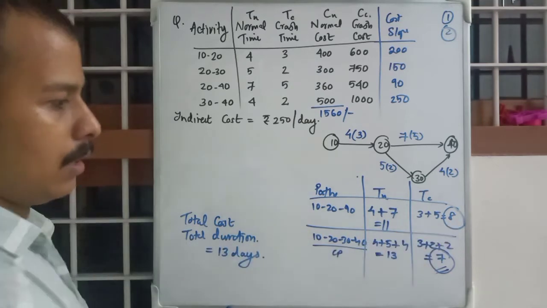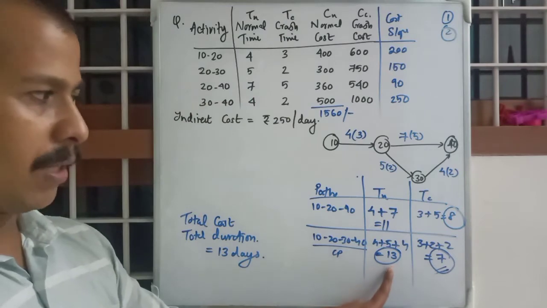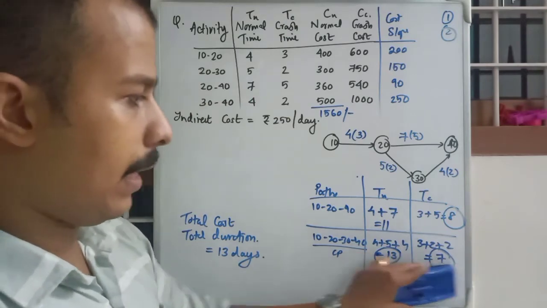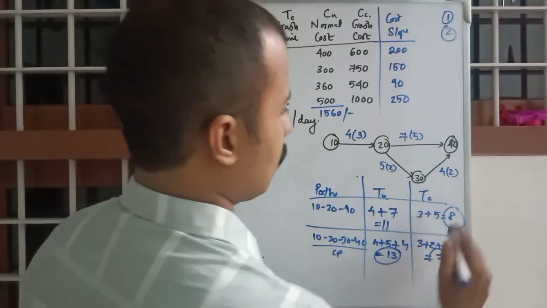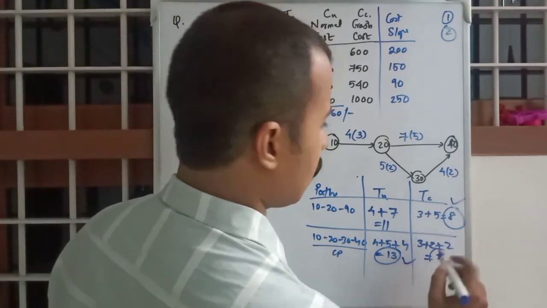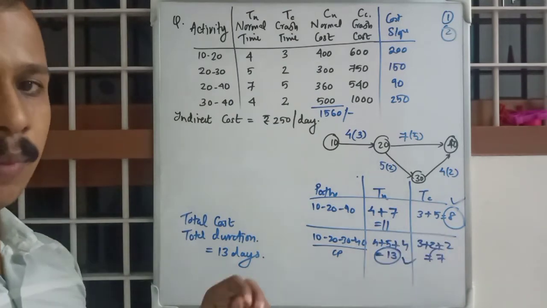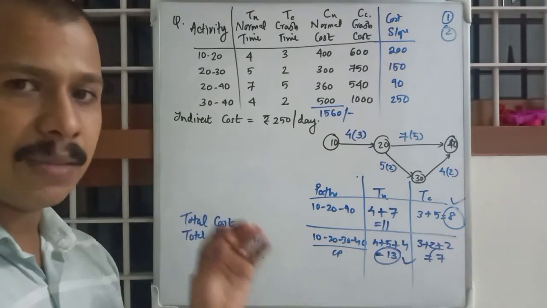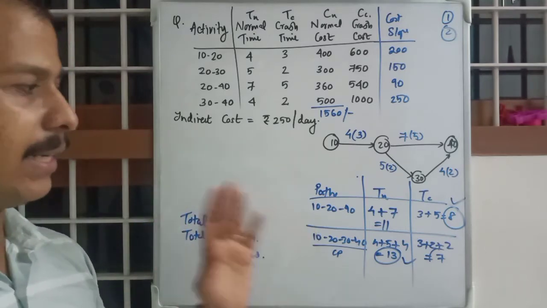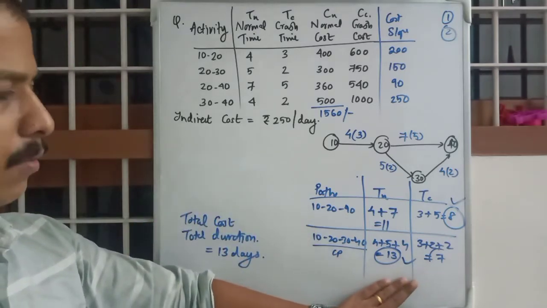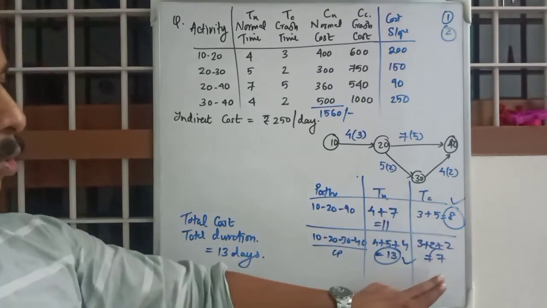So 13 days will be the normal duration and 8 days, the maximum of these two, will be the least possible duration of the project. I hope the idea is clear. This 8 days is important. Why do we pick 8 days?